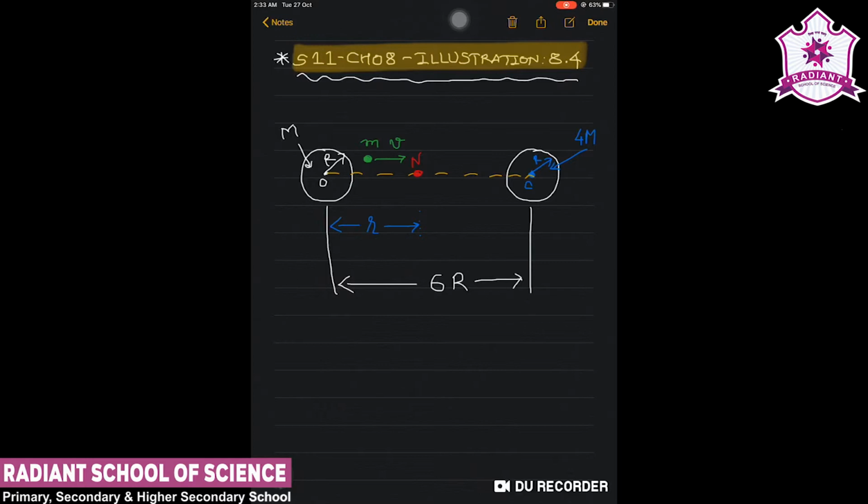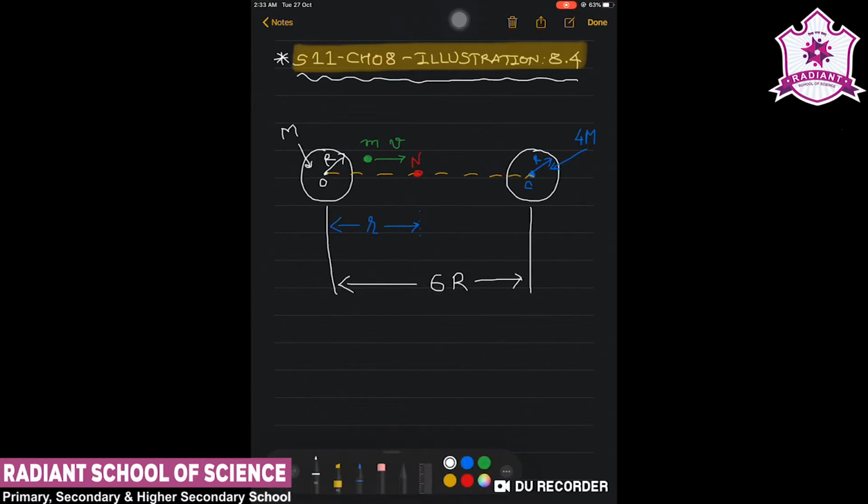Now the neutral point N that we have shown with red color is defined as the position where the two forces cancel each other exactly. That is, if we say that ON is equal to r, we can write the equation of force.